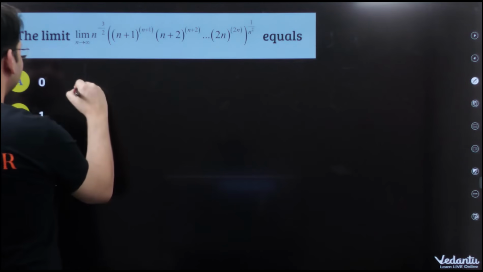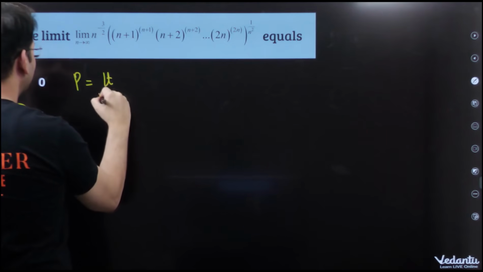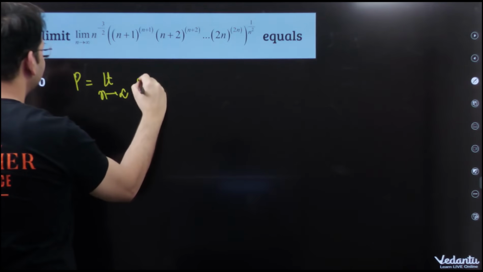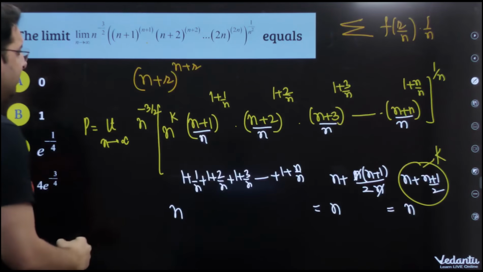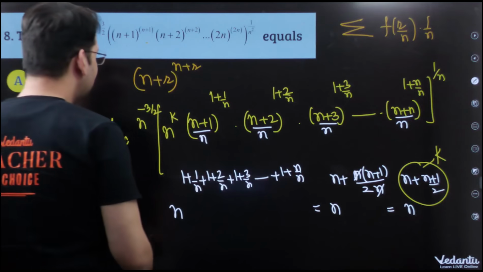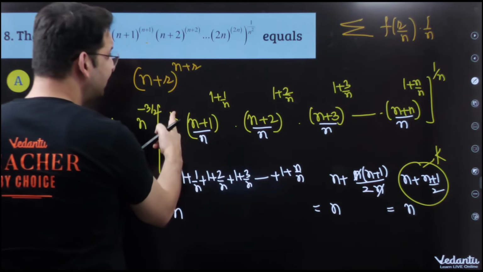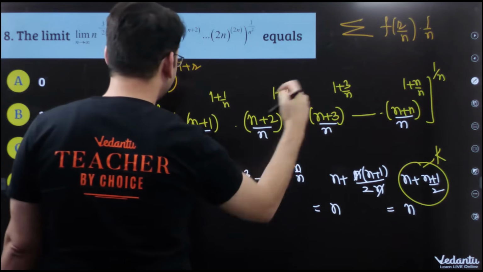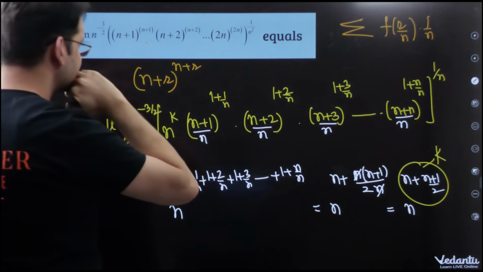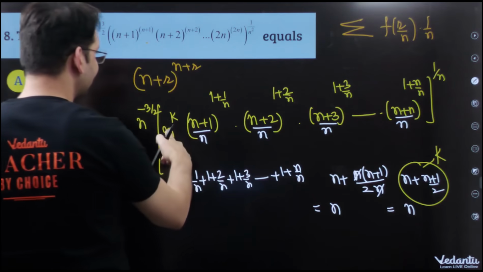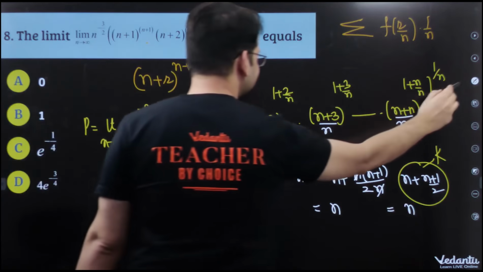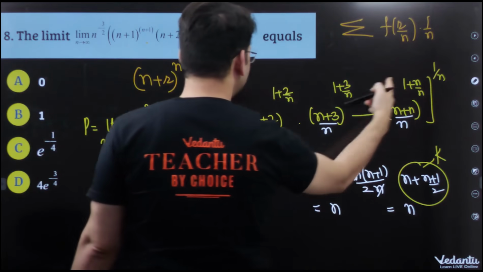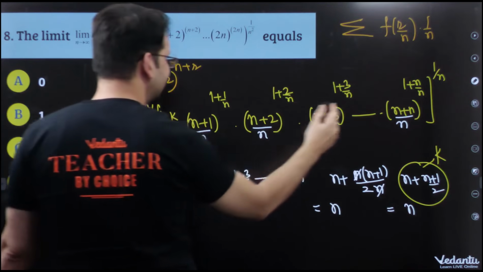So we have P is equal to limit n approaches infinity, n to the power minus 3 by 2 into n to the power k by n. Okay, first of all, because I already multiplied by n, n has to be multiplied here also.